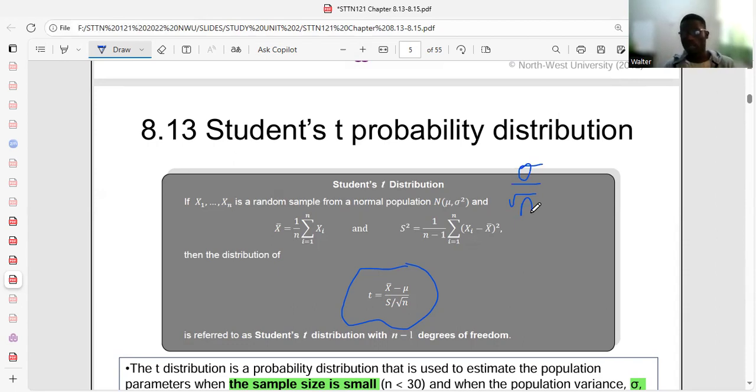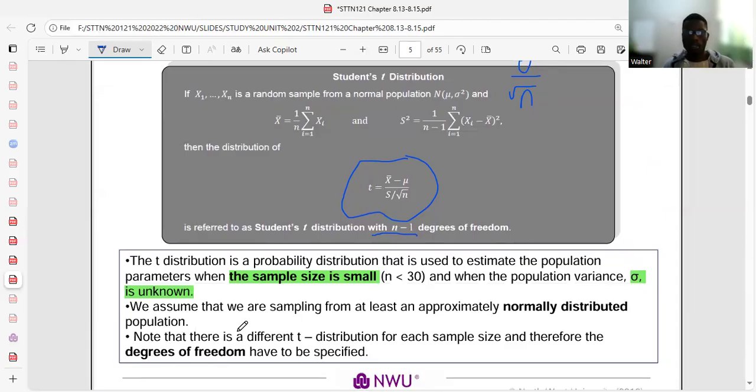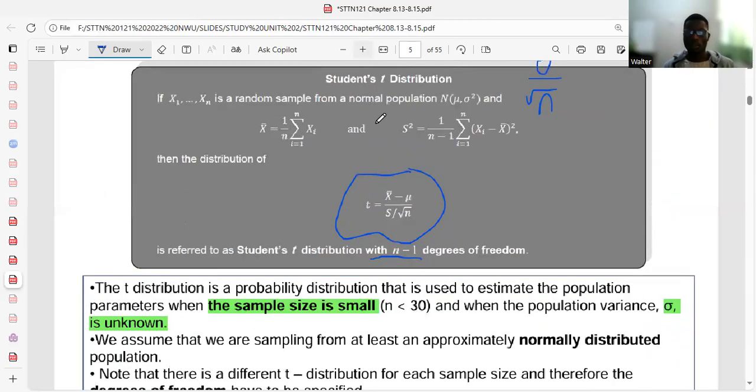You find the mean, the standard deviation, and the degrees of freedom, which is n minus 1. But firstly, you find the test statistic, which is T here. This is very important, guys.